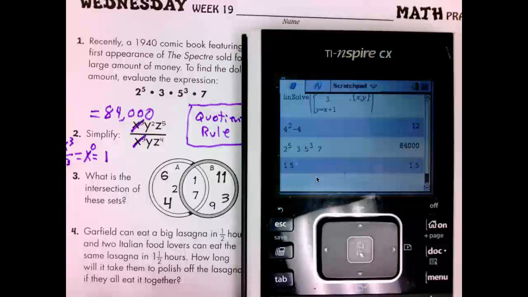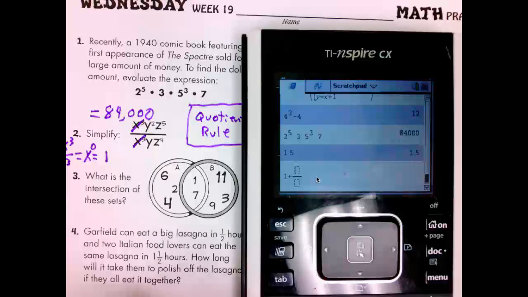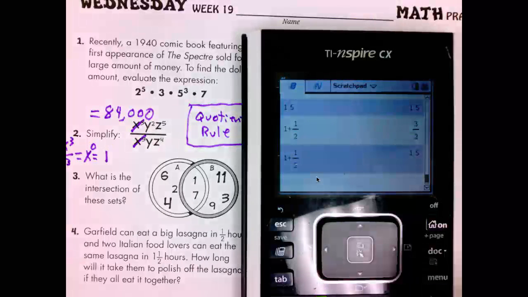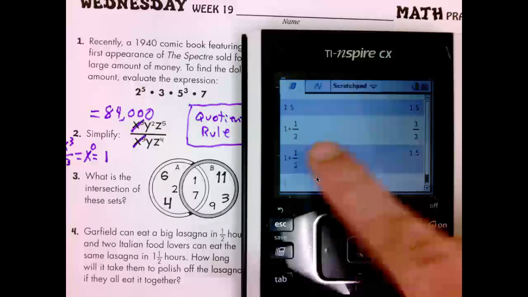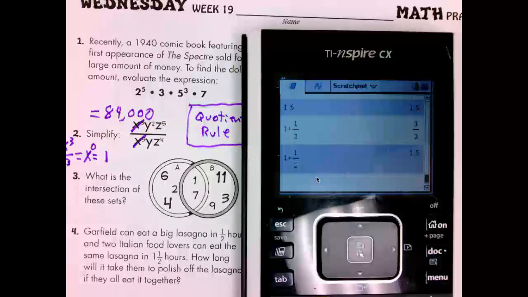Or you can enter it as a 1 plus, and I'm going to use my fraction template, 1 plus 1/2. We know that's 3 over 2, which is indeed 1.5. So if you're unsure what the fractional part of the mixed number is, you could enter it in this fashion. It needs to be an add. All right.